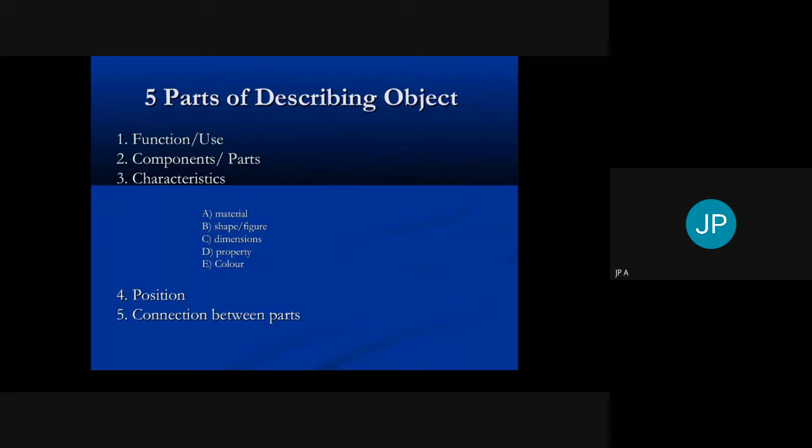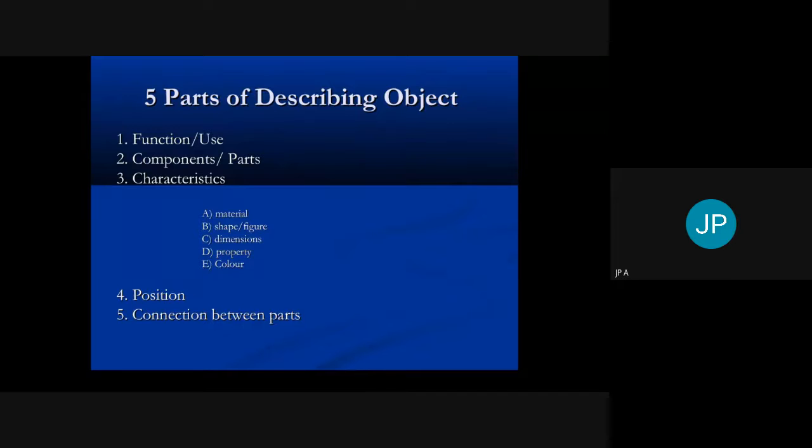That is, what is it made of? What is the material which this is made of? Then what is the shape of that material? Then what are its dimensions? Dimensions means measurements. Then what is its property? Property means whether it is brittle, whether it is strong, whether it is hard, whether it is rough, smooth, etc. Then if we want, we can describe the color of the object.